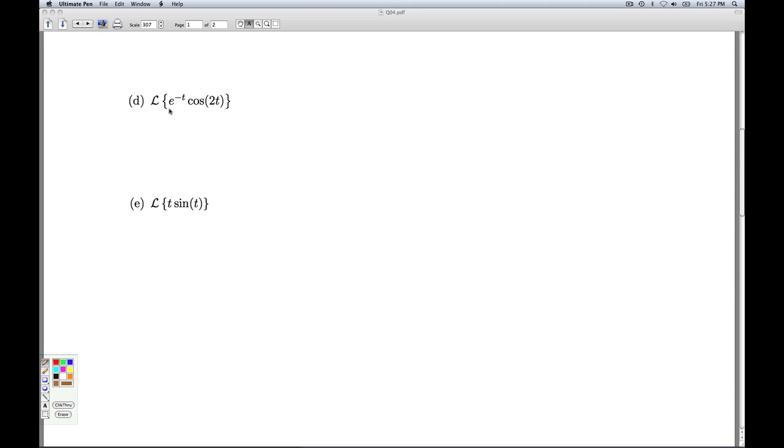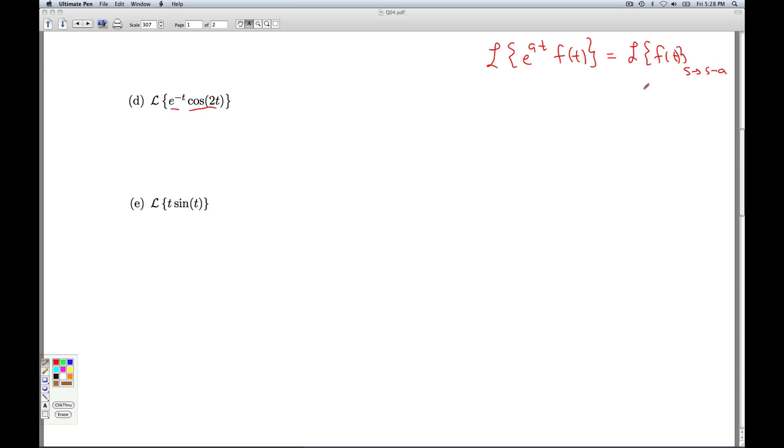In part D, we have e to the minus t times cosine of 2t. We recognize that as applying the following. If you take the Laplace transform of e to the at times some f of t, where we know the Laplace transform of little f of t, this ends up being the Laplace transform of little f of t, but the s is replaced by s minus a.